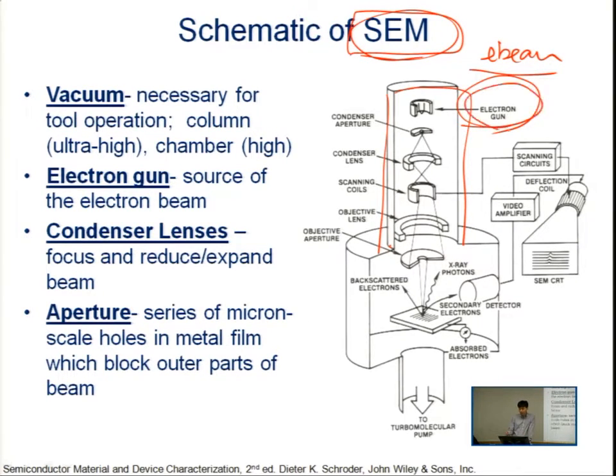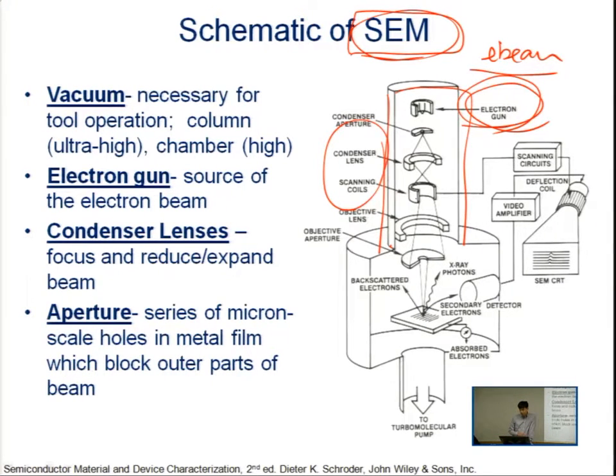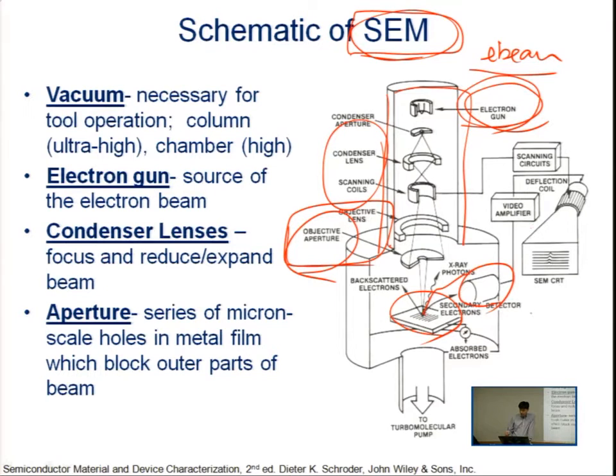We have an electron emitter, and some optics to make the electron beam much finer. The last lenses are objective lenses and objective apertures. And then we have the sample over here, and depending on the detector, we can make images based on the signals collected by the detector.